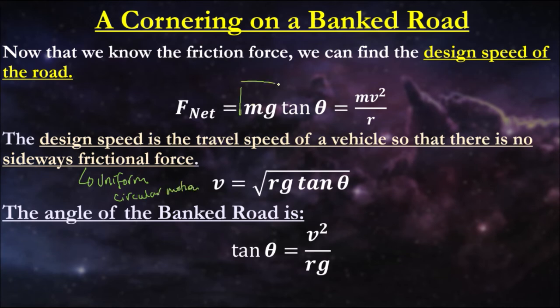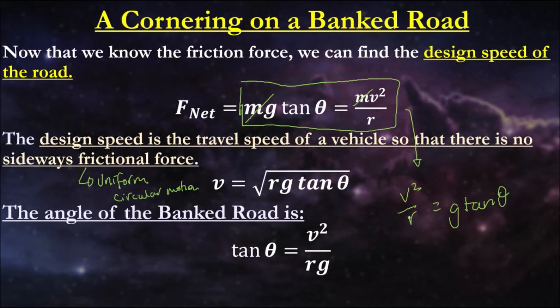So equate this equation together, and we want to make v the subject. Before we move r over, we can see these two m's will cancel each other out. So we get a formula like this.